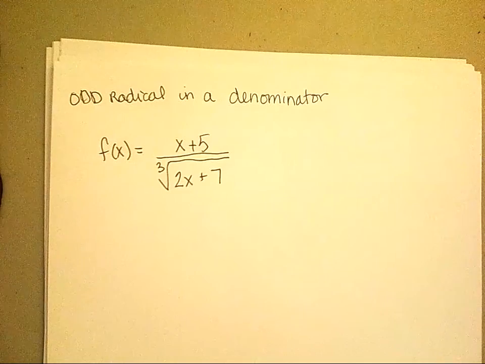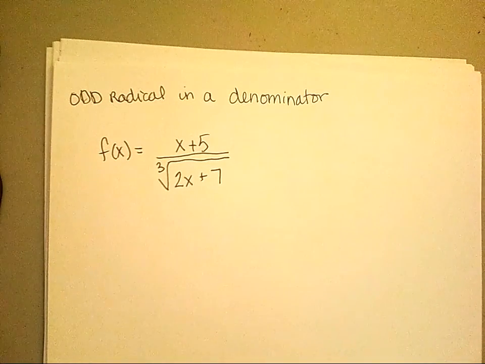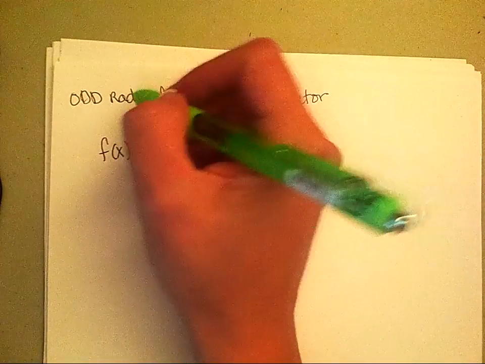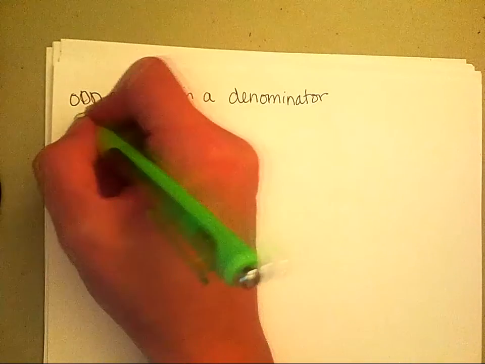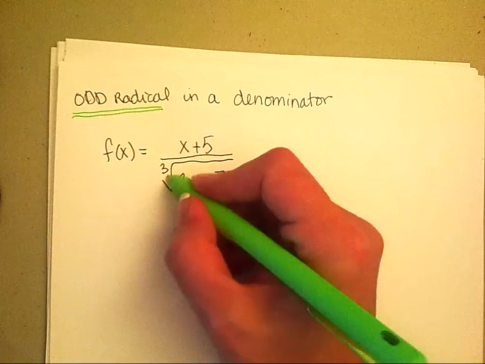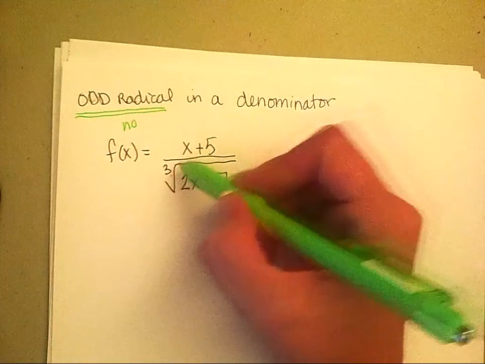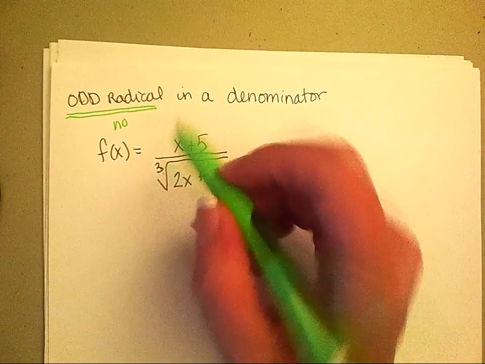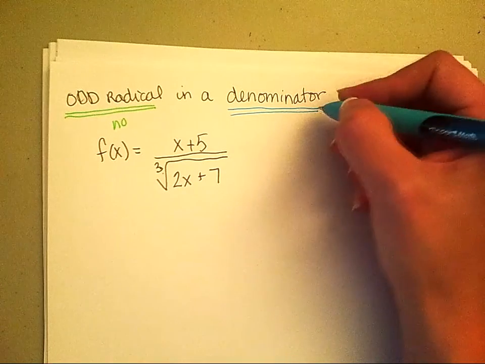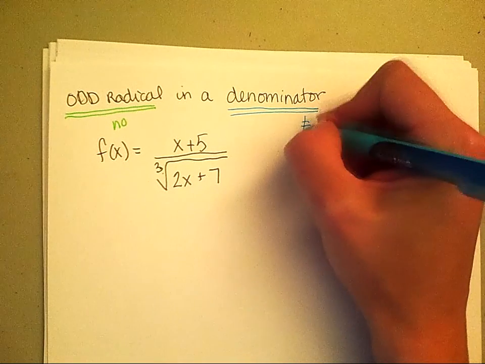Now we have two things to worry about. First of all, there's a radical. Will the radical affect the domain? And the answer is no, because it's odd. But we still have this denominator problem, and the denominator cannot equal 0.